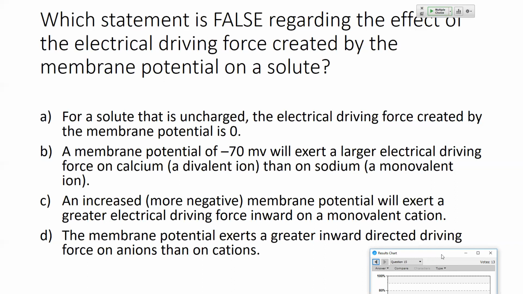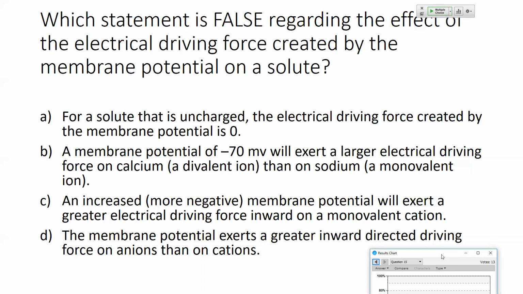D is a membrane potential exerts a greater inward directing driving force on anions than on cations. Is that true? So the inside of the cell is more negatively charged. The outside is more positively charged. Will particles want to move inward or outward? They're an anion, let's say. Anions are negatively charged.